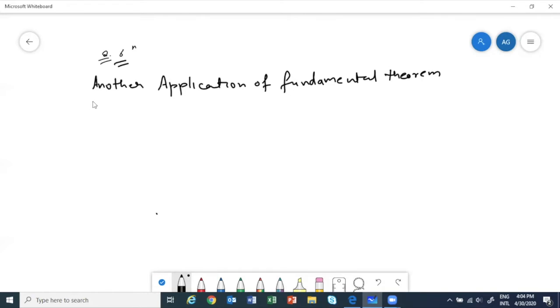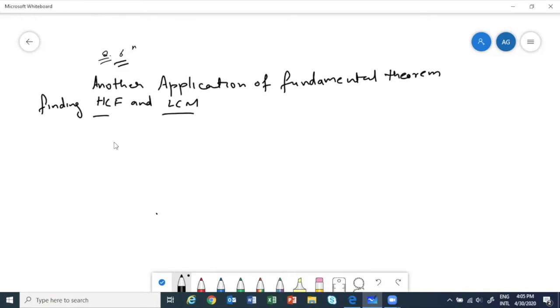We can use this theorem to find HCF and LCM. The fundamental theorem said that you can represent every composite number as the product of prime numbers, and if you arrange them in ascending order, it is unique also. So now how can we use that to find HCF and LCM?